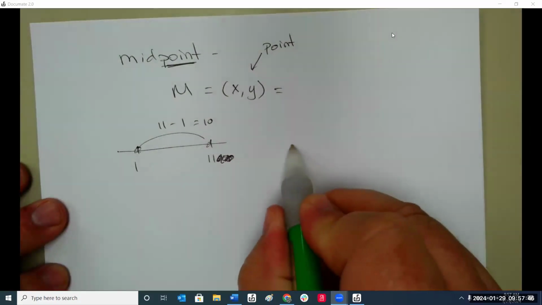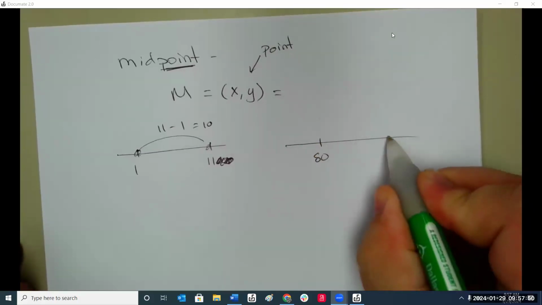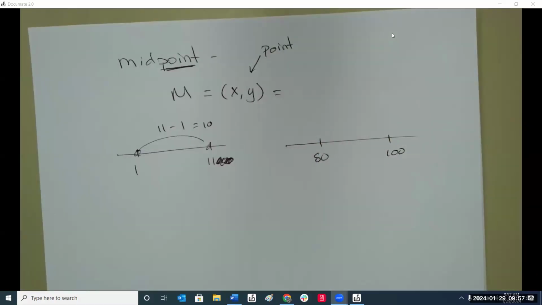Let's look at this. Instead of these numbers, what if your grades were 80 and 100? What is your average? Why 90? Because it's between 80 and 90. No, how'd you figure it out?